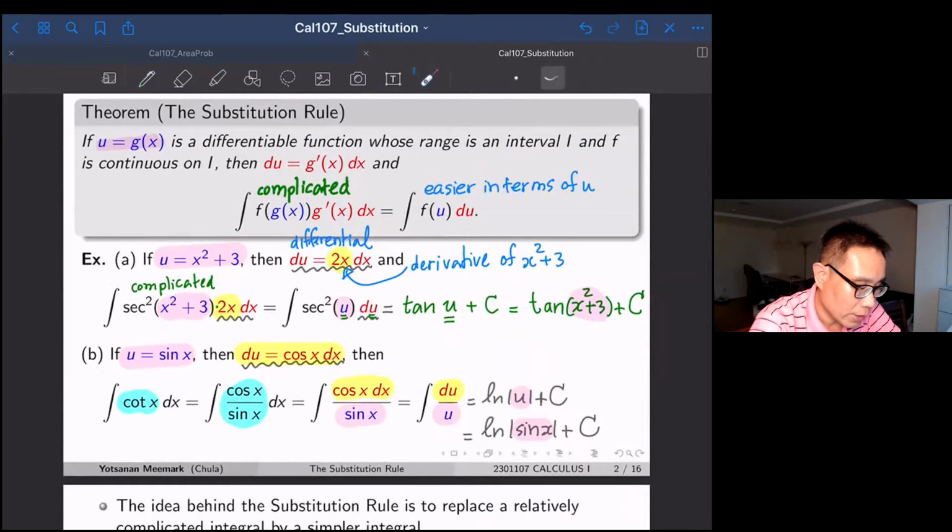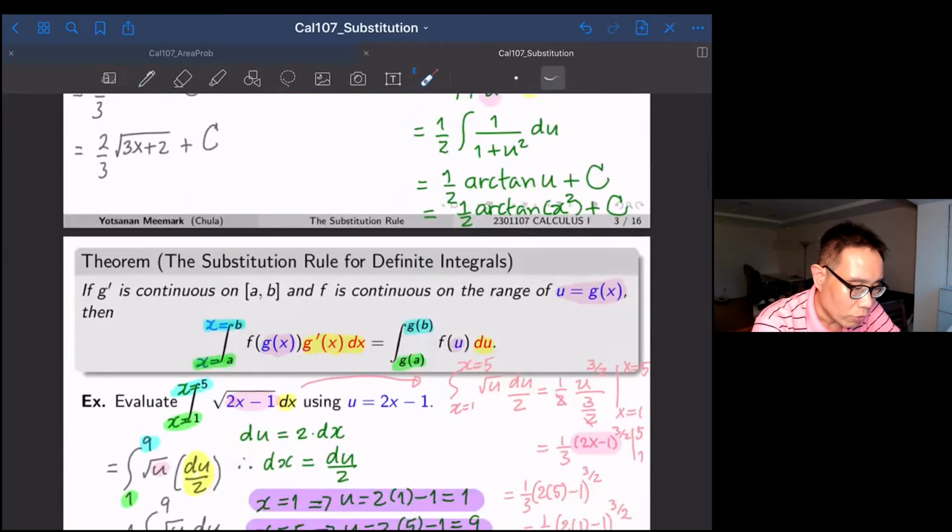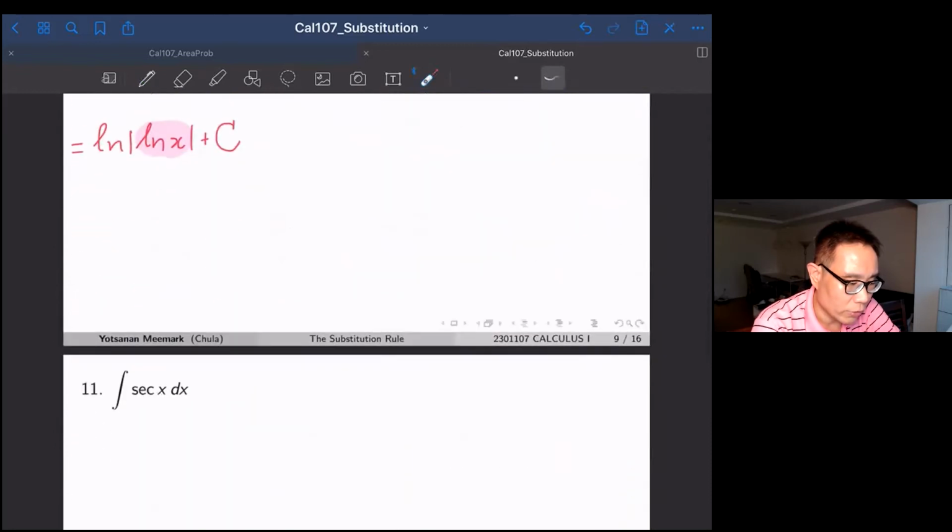For cot x, you change it into cos over sine. And in this case, you let u be the bottom guy. Why do you let u be the bottom guy in this case? I have to say because it's working. You let u equal sine, and you are able to get rid of the top guy nicely in terms of du. So we're gonna follow the same trick.